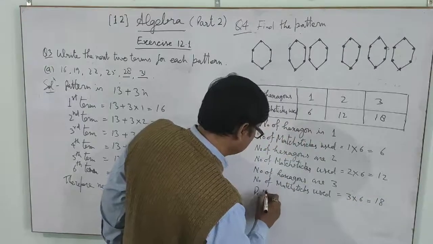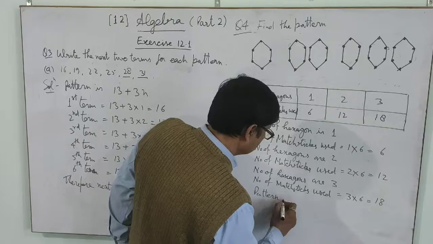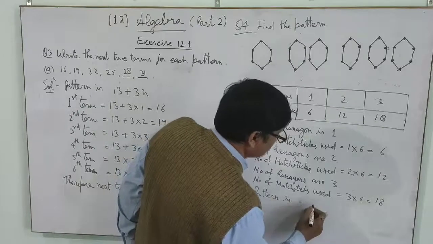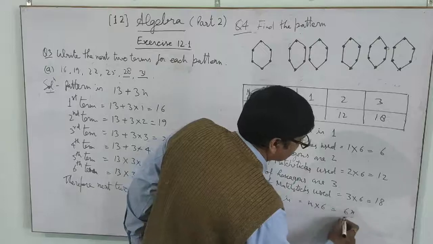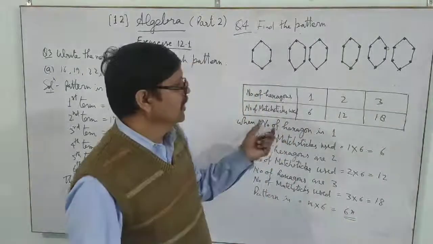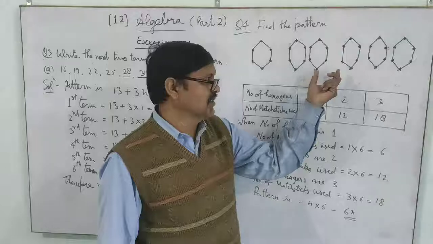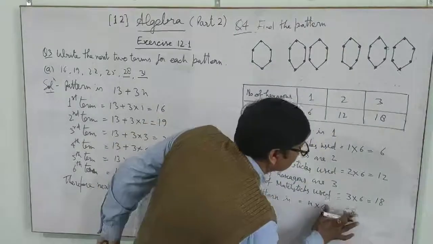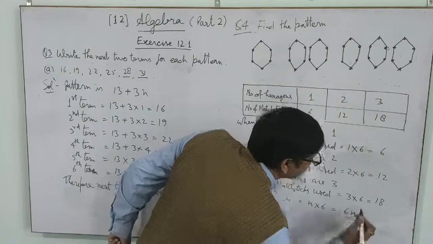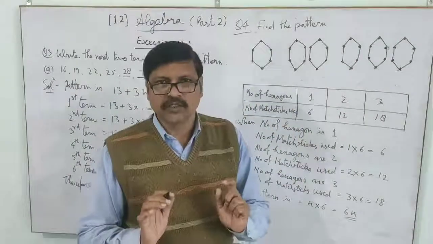The pattern is n into 6 is equal to 6n. So if the number of hexagons is n, then the number of matchsticks used is 6n. All of you are following now?